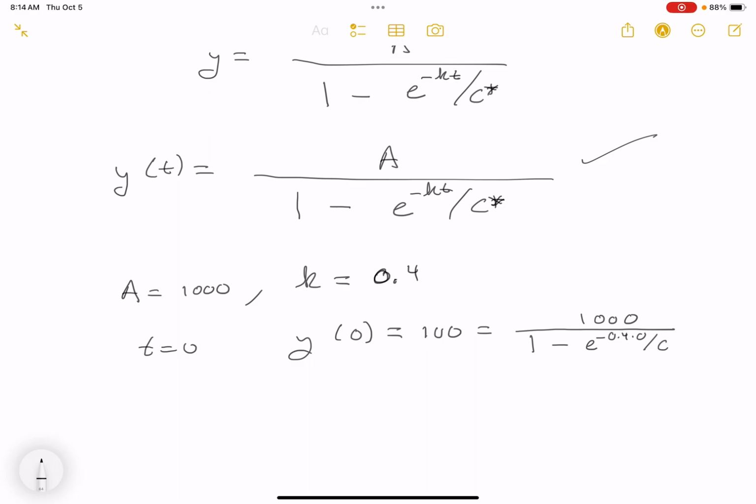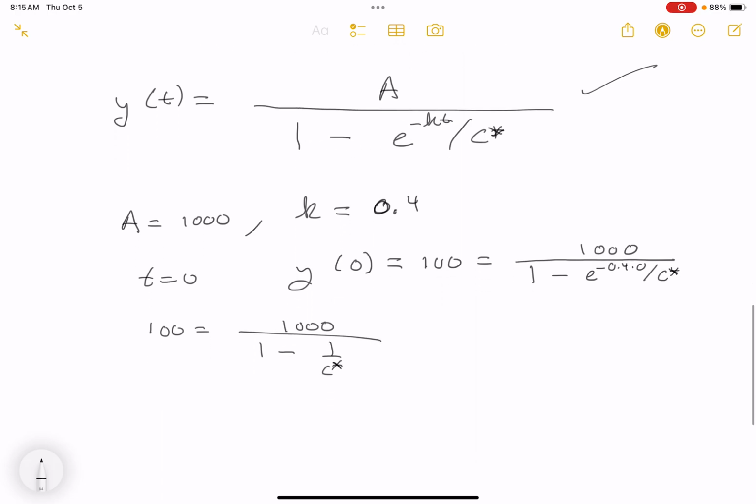Then I'll put the C star over here. All right? Let me see if I can figure this out. I'm looking at it. It doesn't look like a bad equation. I'm going to maybe simplify a little bit, and I'll say 100 here. I'll say 1,000 here. This is 1 minus e to the minus 0.4 times 0, which is just e to the 0, which is 1. So 1 over C star. Well, simple algebra.